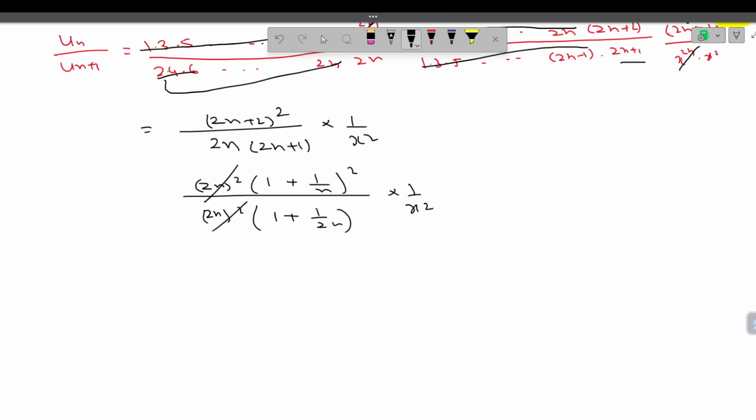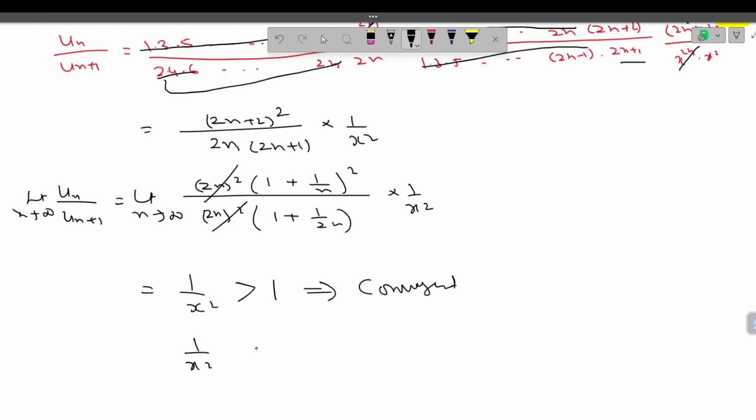So this part and this part get cancelled. Now apply the limit n tends to infinity. As n tends to infinity, 1 by n tends to 0. So 1 plus 0 square, 1 plus 0 is 1, 1 square is 1. We are left with 1 by x square. If 1 by x square is greater than 1, convergent.